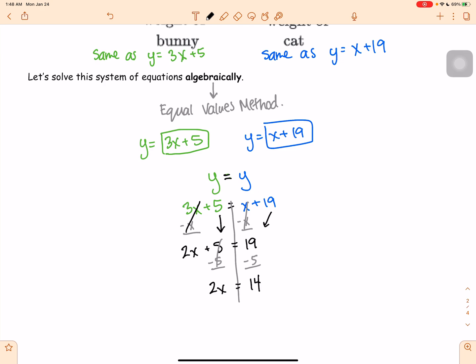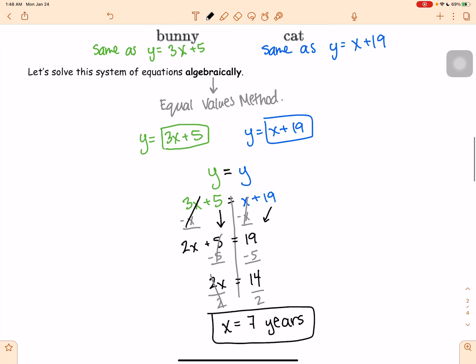So sometimes you guys might have to rewrite them into y equals mx plus b form in order to use this method. They have to be equal to y. So now we divide both sides by 2. We get x equals 7 years because my x represents years. So that tells me that they're going to be the same weight at 7 years.